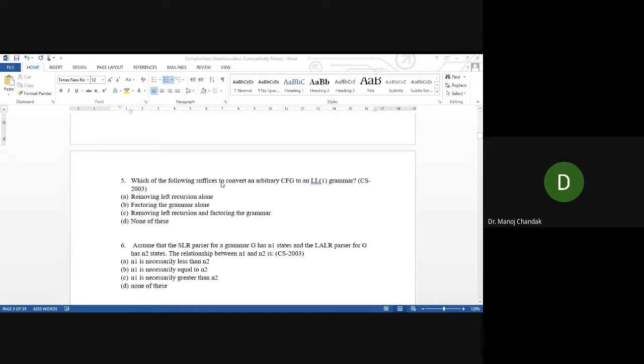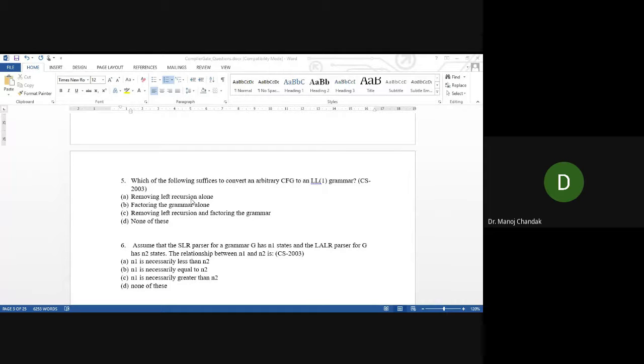Which of the following suffice to convert an arbitrary CFG to LL1 grammar? Okay. So CFG is nothing but context-free grammar. Context-free grammar means you will always have a structure like the English language, context free.